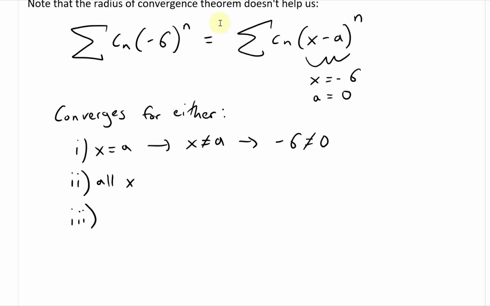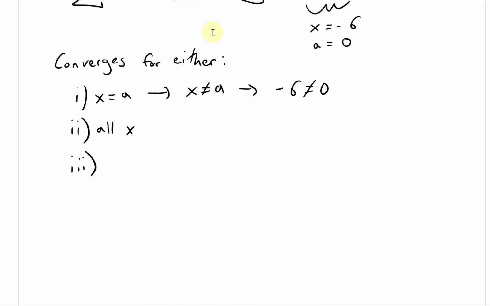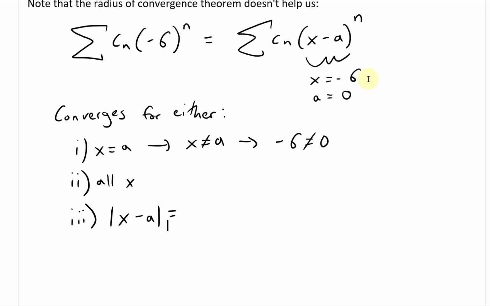And then we have the other case, where the absolute value of x minus a has to be less than r, the radius of convergence. In our case, it's the absolute value of negative 6 minus 0, which equals 6, less than r.